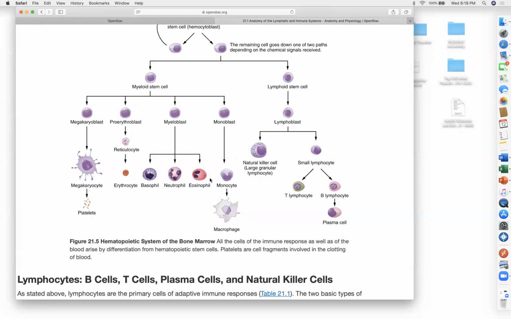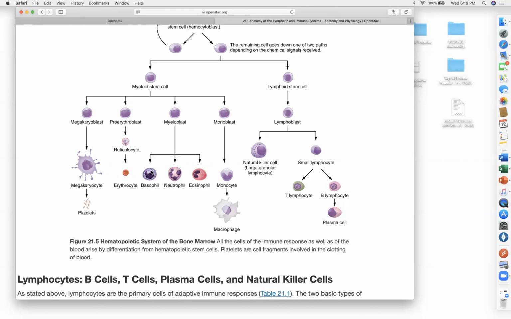But here, let's look at these three first: basophils, neutrophils, and eosinophils. If you'll notice, they have this grainy look. You can't really see it here on the neutrophil, but just trust me that all three have grainy insides, or cytoplasm.